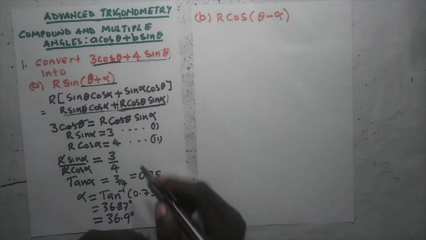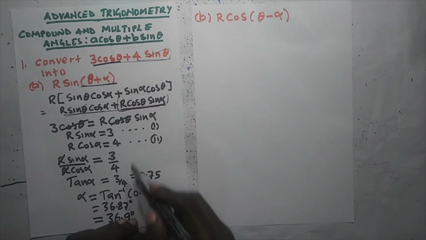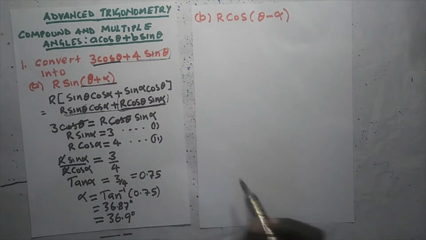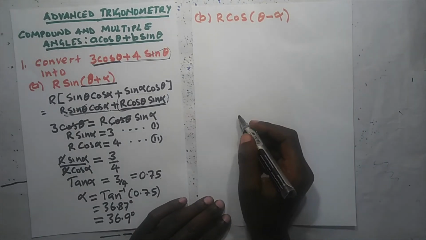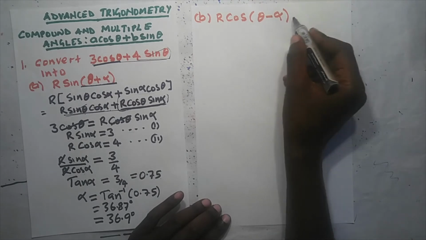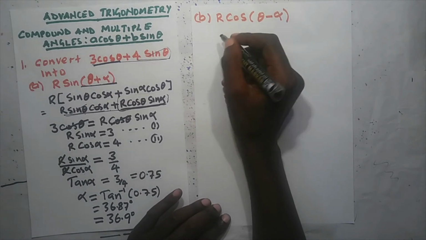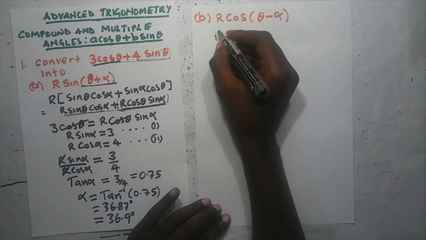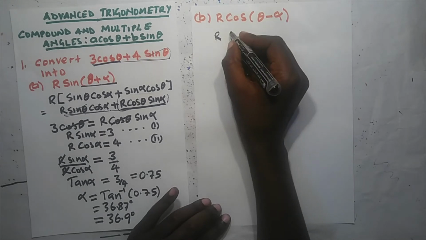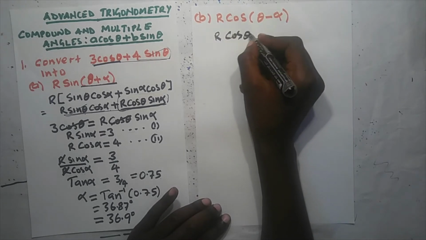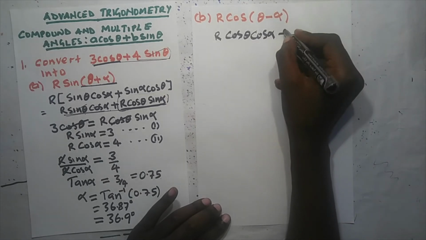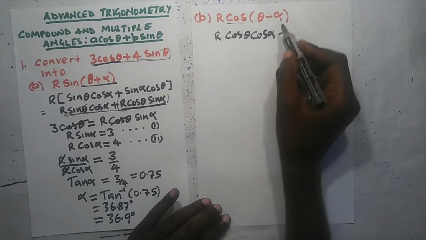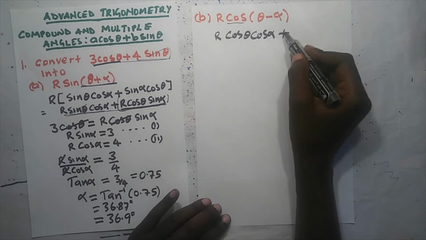Okay, so in the same way as we converted this one here, we are also going to convert R cos theta minus alpha. So we are going to expand this one using the identity for expanding cosine. So we are going to have R, this one will be R cos theta cos alpha plus, okay, so when you are dealing with cosine, the sign here changes when you are expanding to plus, and if you have the plus here, it changes to minus.